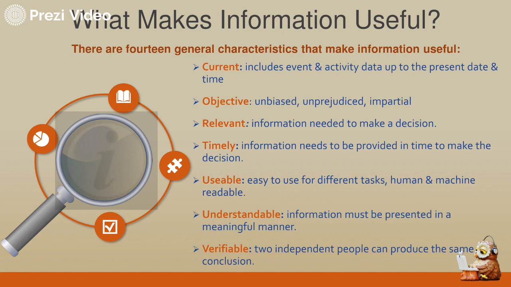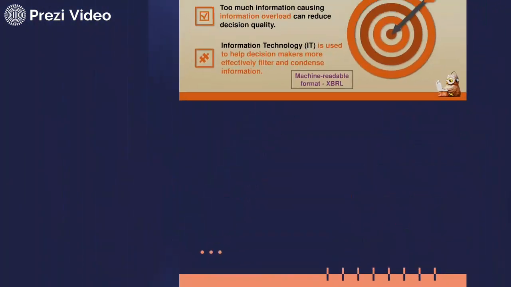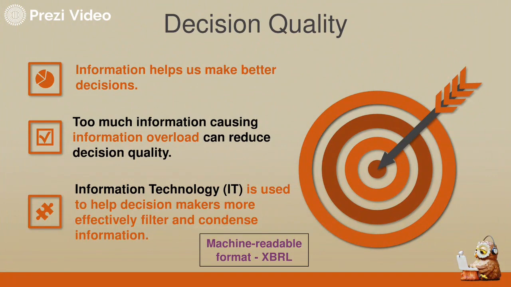Okay, you look at the next slide. The information can actually help us, or the management, to make better decisions, as we looked at in the example of data and information just now.